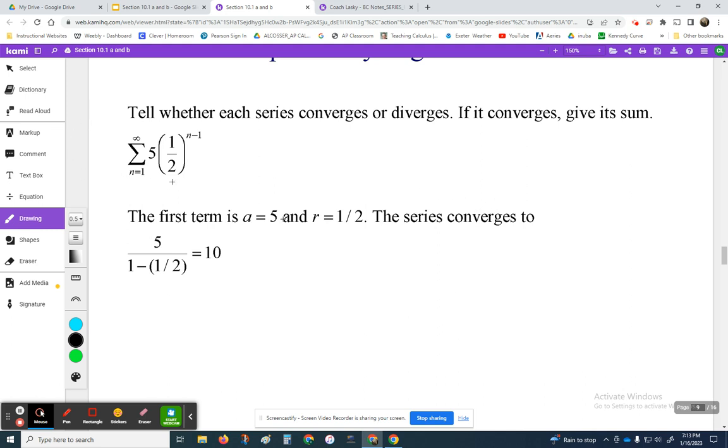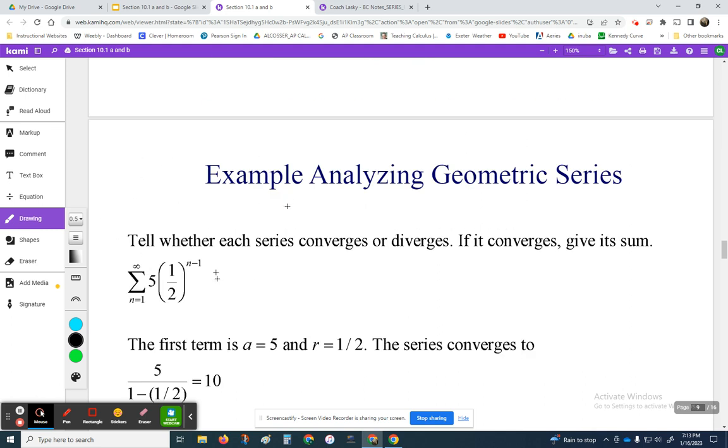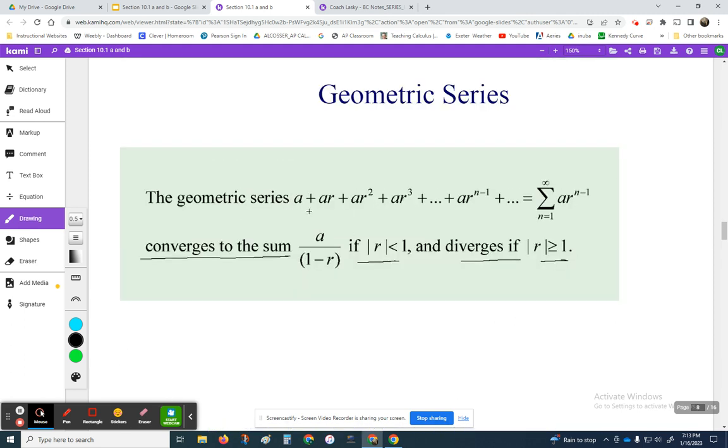So we're looking at this thing here, and here's our piece here. We know that the first term is a, so that's a is 5. Our ratio is 1/2, so it's less than 1.